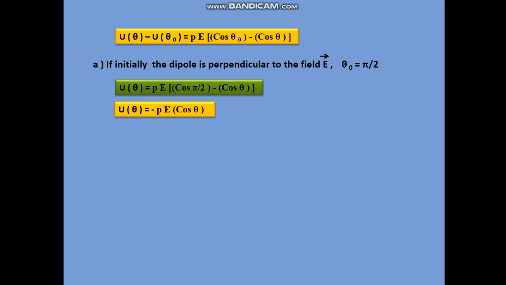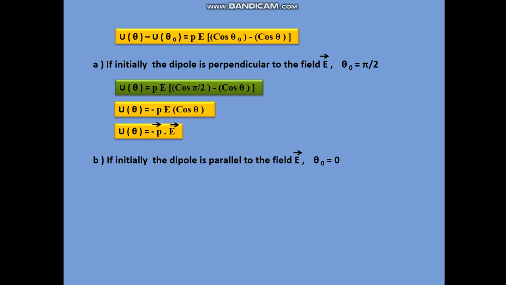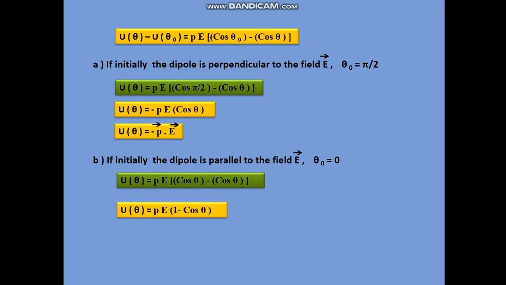So U(theta) is equal to minus pE cos theta. So U(theta) is equal to minus p vector dot E vector. Now if the dipole is parallel to the field, theta naught is equal to 0 degrees. So we have U(theta) is equal to pE of cos 0 minus cos theta. So U(theta) is equal to pE into 1 minus cos theta.